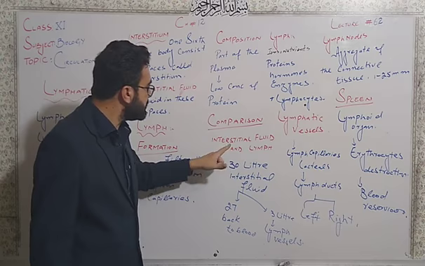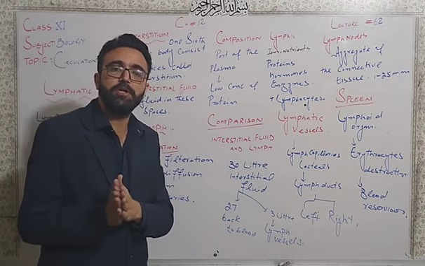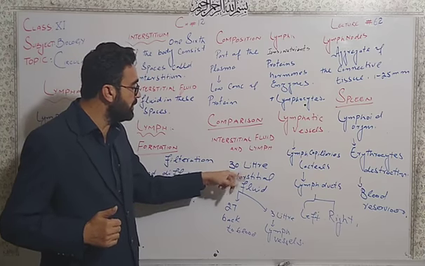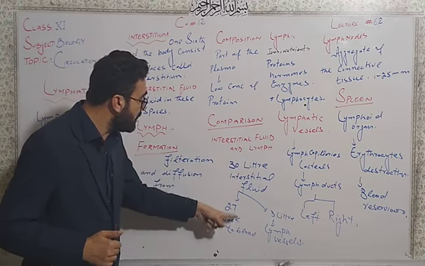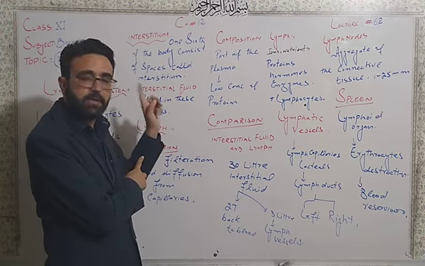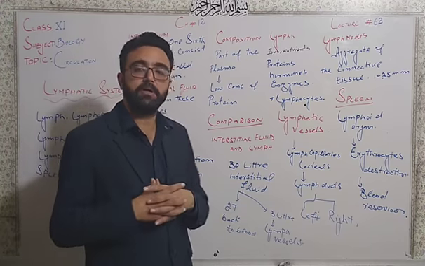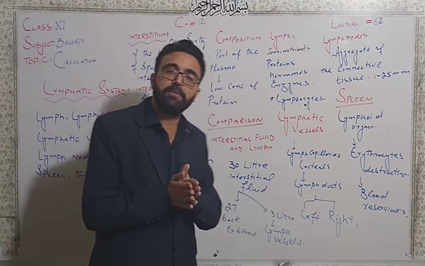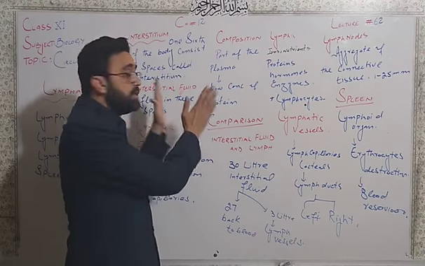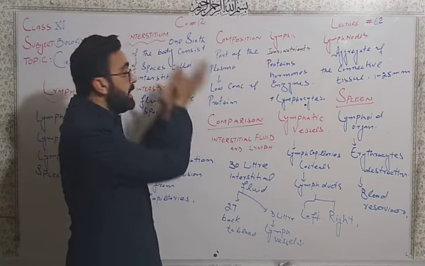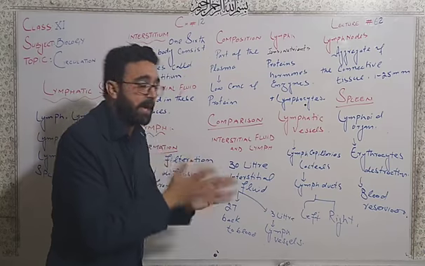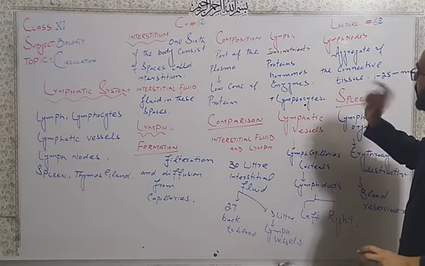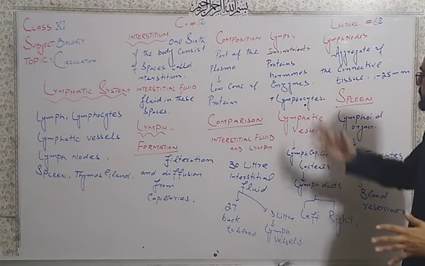In comparison, usually 30 liters of interstitial fluid are formed, and out of this, 27 liters go back to the blood, and only 3 liters enter the lymphatic system and become the lymph. So lymph is derived from the interstitial fluid, and interstitial fluid is derived from the blood. Now lymph consists of ions, nutrients, proteins, hormones, enzymes plus lymphocytes.